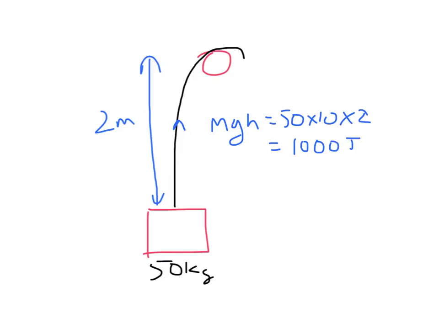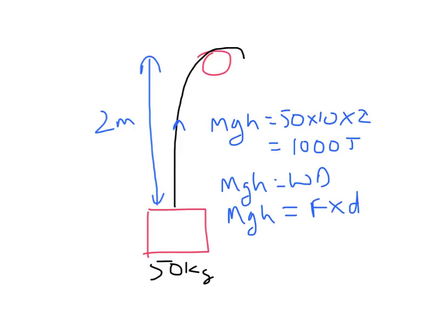Alright, so if you ignore friction, we know all the potential energy is being transferred to work done. So mgh is equal to work done, or mgh is equal to force times distance. We can now work out the force required to move that block.